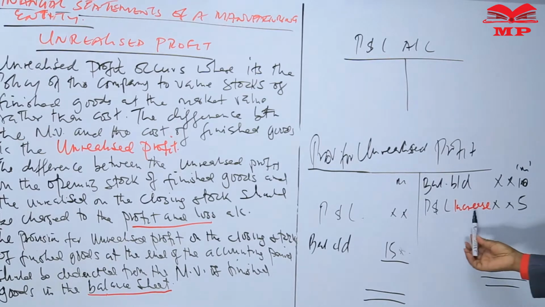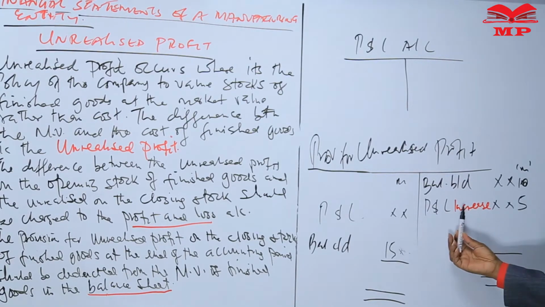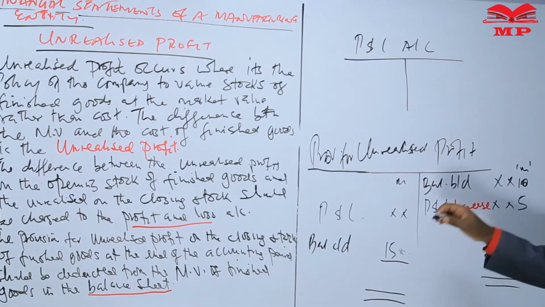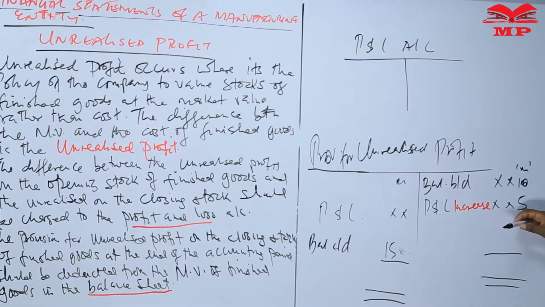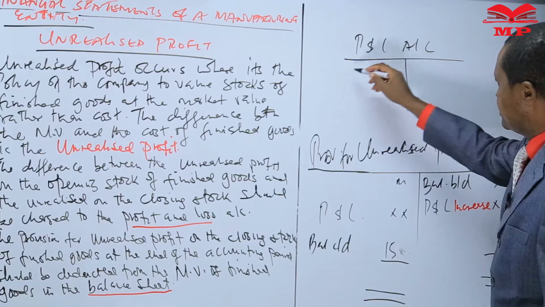So this is an increase in provision for unrealized profit. So this increase, the double entry, since we have credited this account, then the double entry will appear here. We'll have 5 million appearing there.